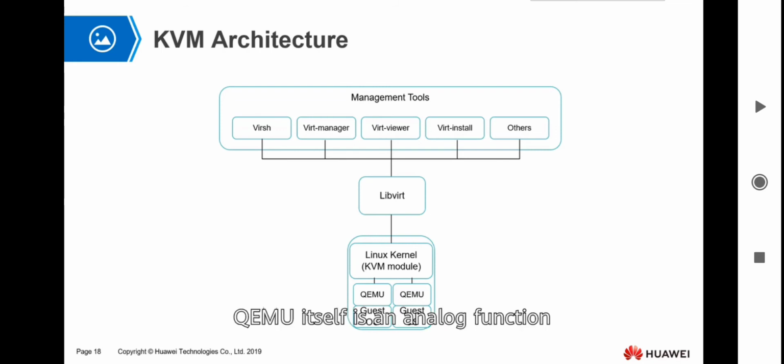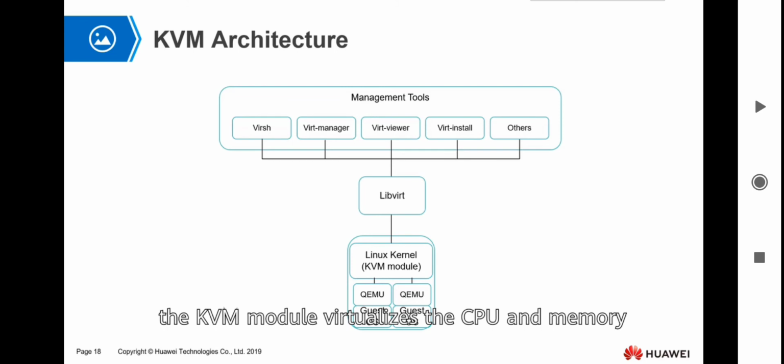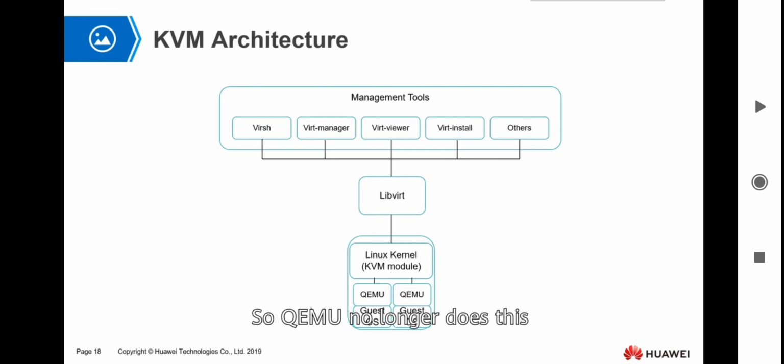QEMU itself has simulation functions for CPU and memory virtualization, but in the KVM system, the KVM module virtualizes the CPU and memory, so QEMU no longer does this. It is mainly used to simulate I/O devices. KVM developers have modified QEMU to form the QEMU-KVM module.